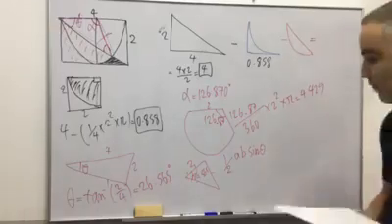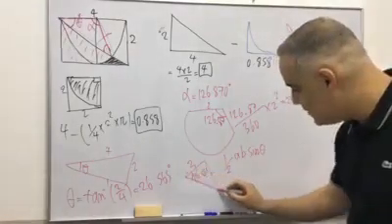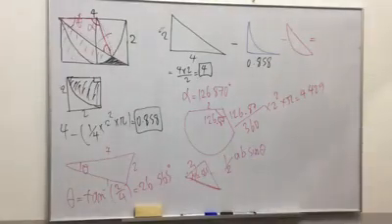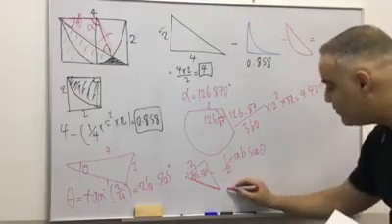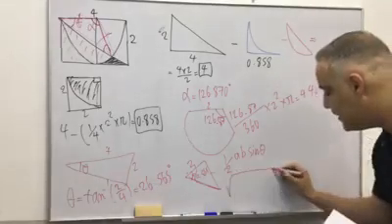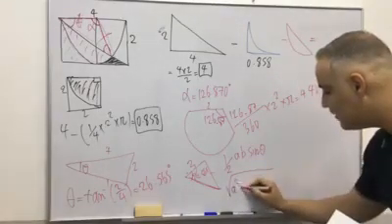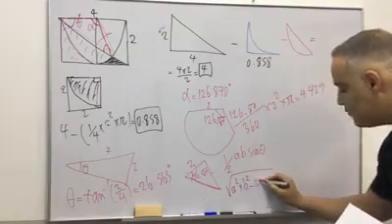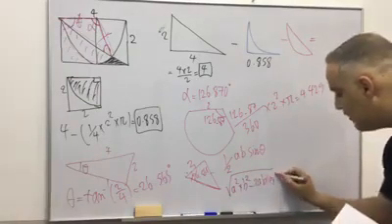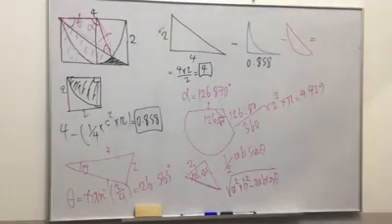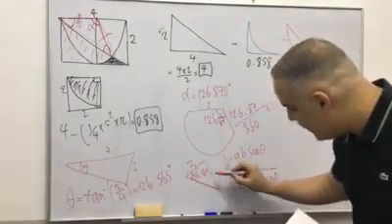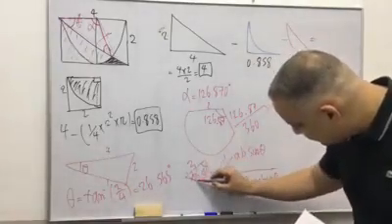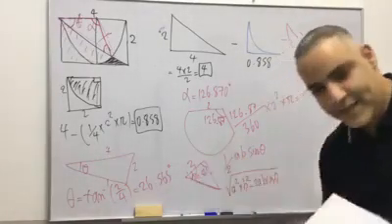But I don't have this base, I don't have b. So I will use the law of cosines, which is a squared plus b squared minus 2ab cosine theta. Because I've got this side and I have the included angle, we can find the side opposite the angle.